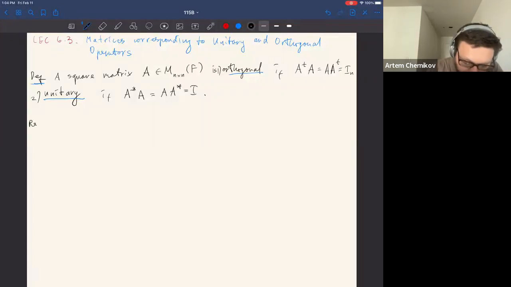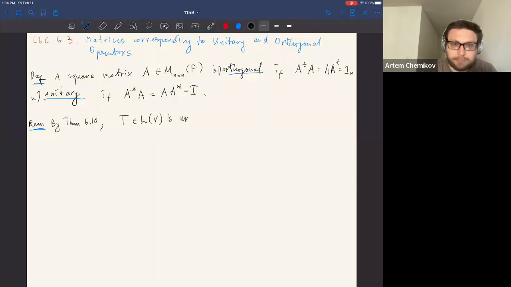Let me make a remark which connects it to the corresponding properties of the operators. So as usual, by theorem 6.10, we have that a linear operator T on V is unitary, or respectively orthogonal, if and only if we have the same property for the matrix representing T with respect to beta, in the sense of the definition we just made for matrices.